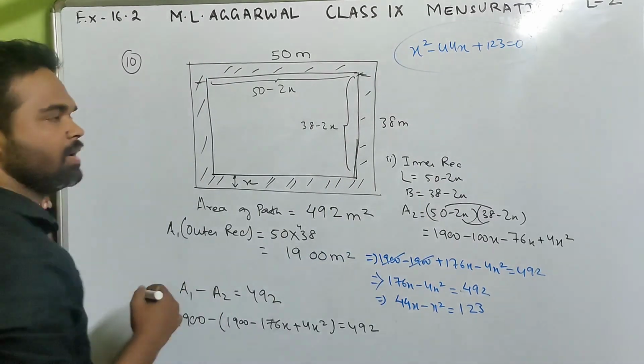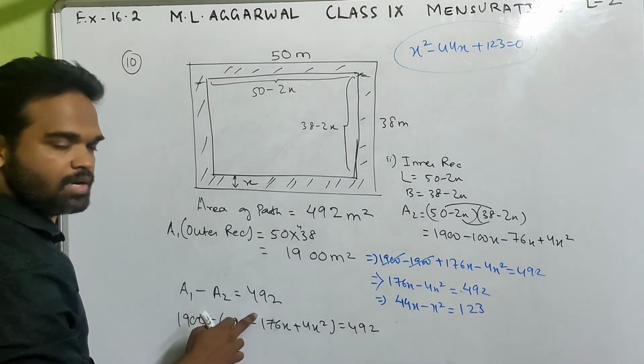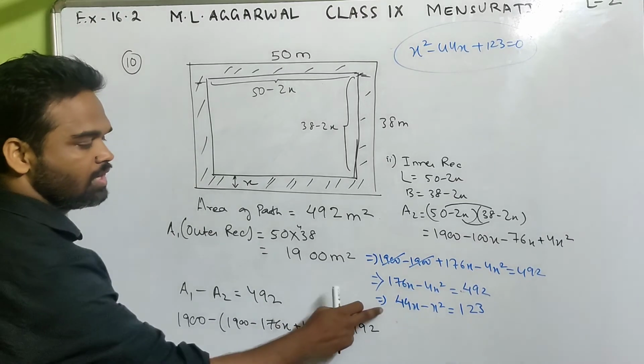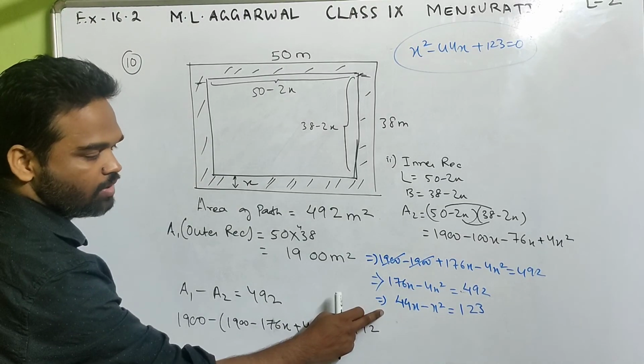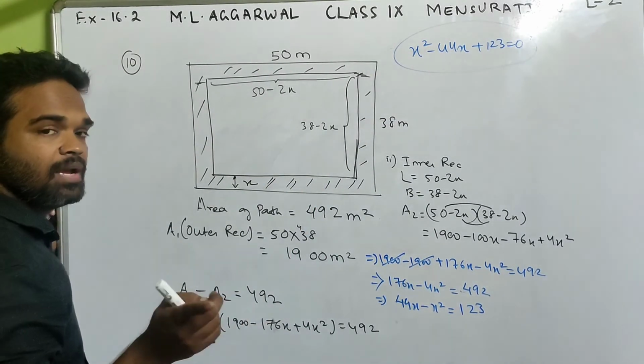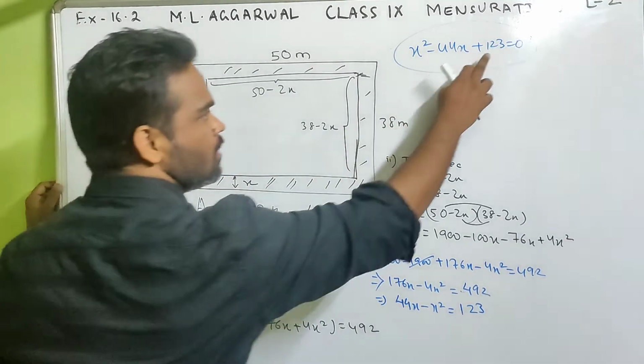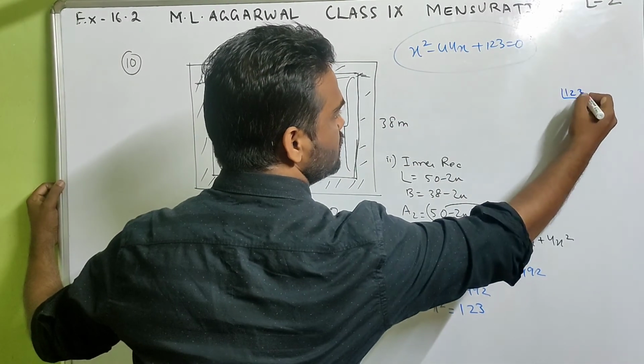Now I'll solve by middle term factorization. What I did: A1 minus A2 is 492. Substituting the values, you get an expression like this: 44x minus x square equals 123. That's a quadratic equation. We can solve it by middle term factorization. Find the factors of 123.